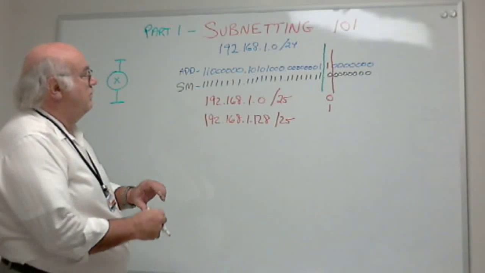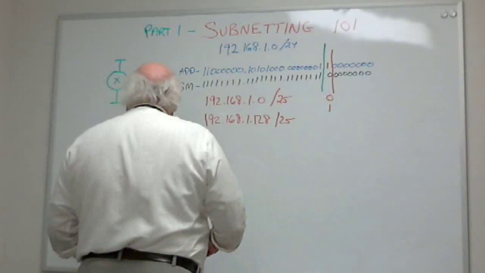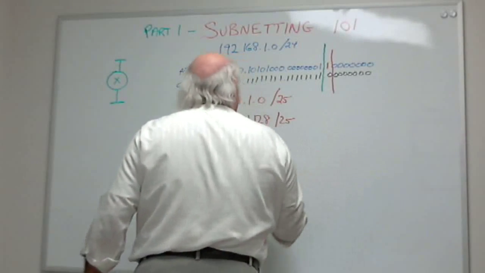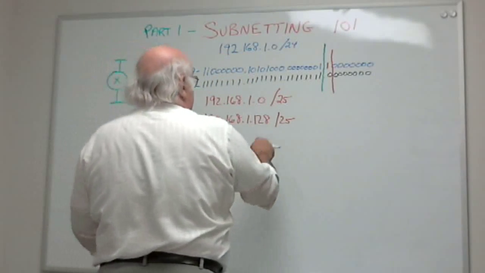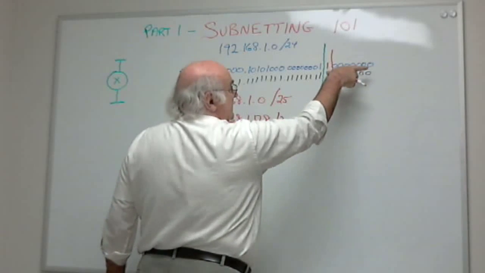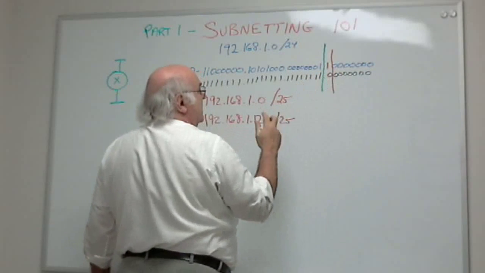Now remember our discussion on calculating addresses. We can calculate the range of these networks simply by saying, here's my network. My lowest address in either case is going to be one higher than this number.